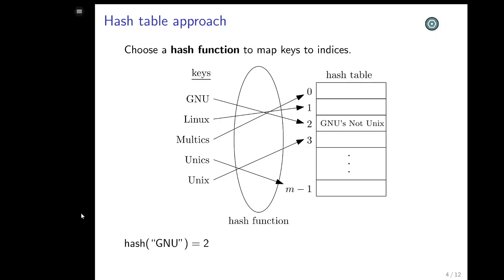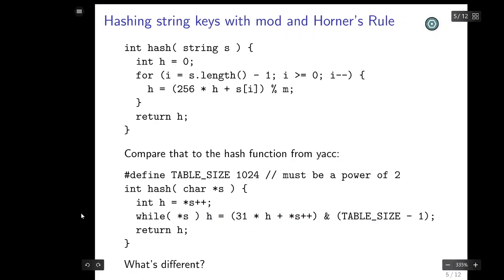Okay, so you remember our hash function. Our hash function is mapping into a table of size m. And just as a warm-up, we will look at an example of hash functions for hashing strings into a table of size m. This is the suggestion from last time that when I hash a string, what I should do is treat it as a number.